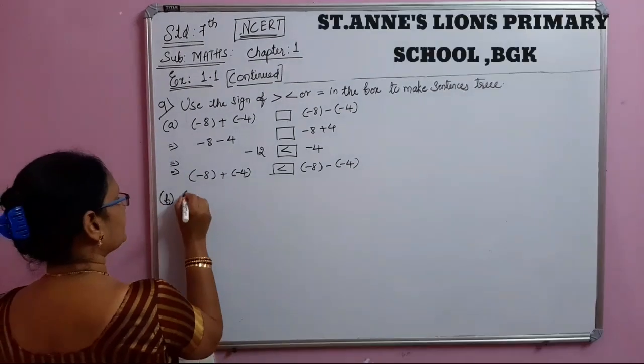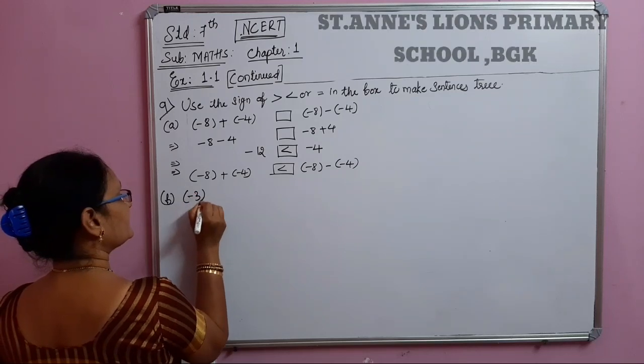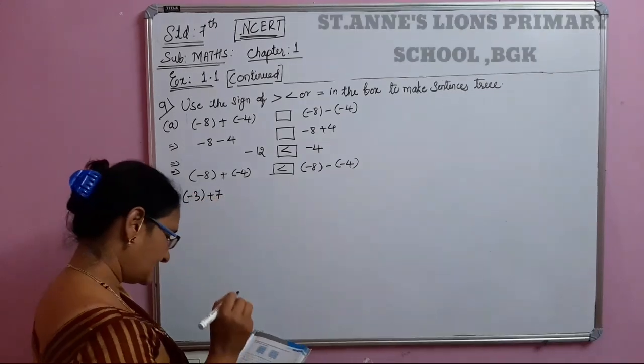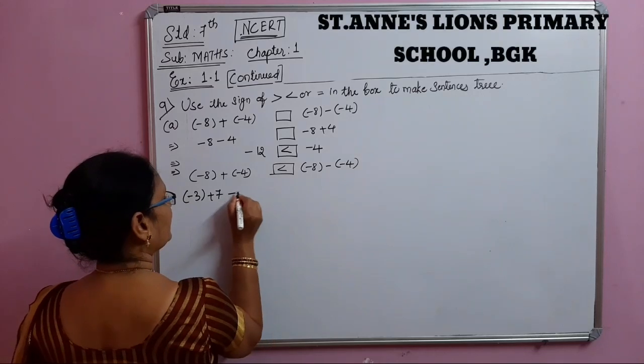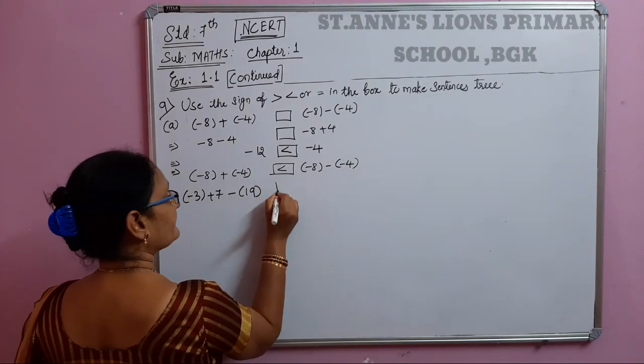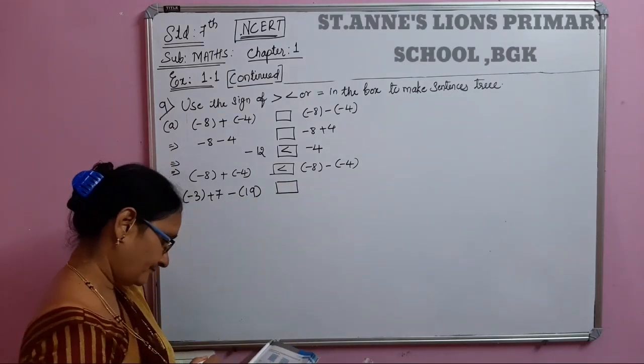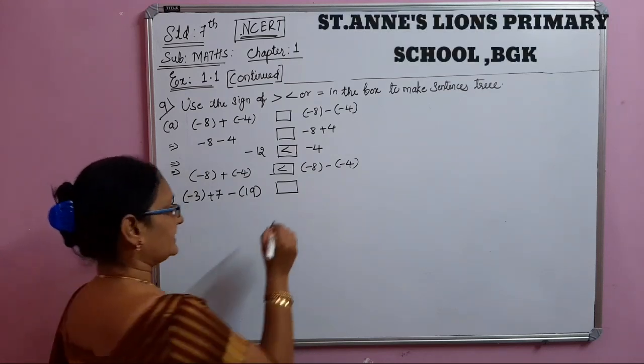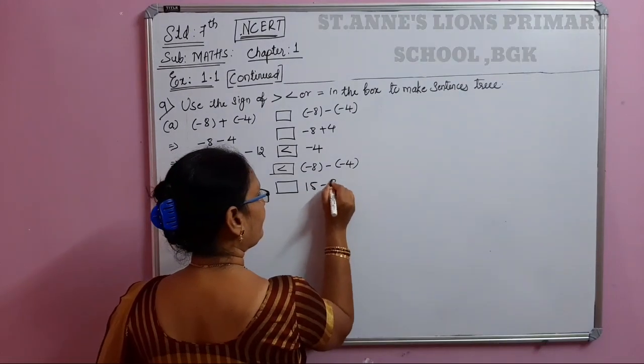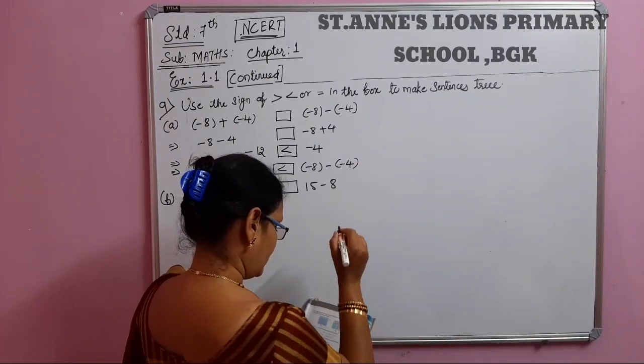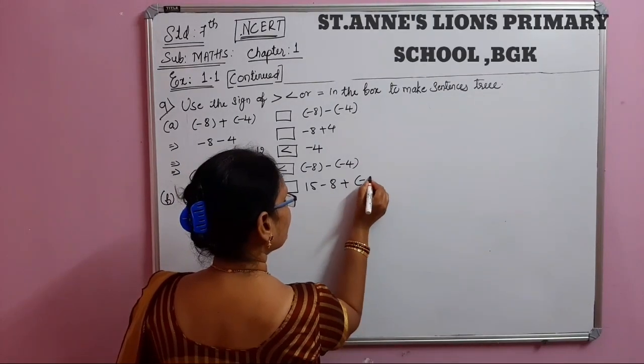Minus 3 plus 7 minus 19, there is a box, 15 minus 8 plus minus 9.